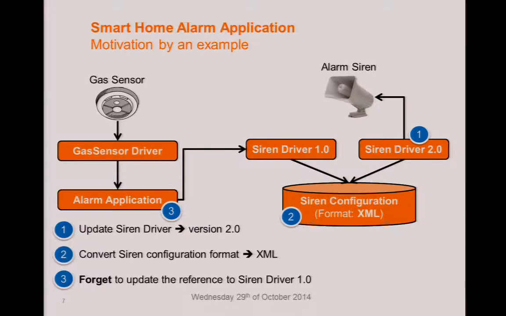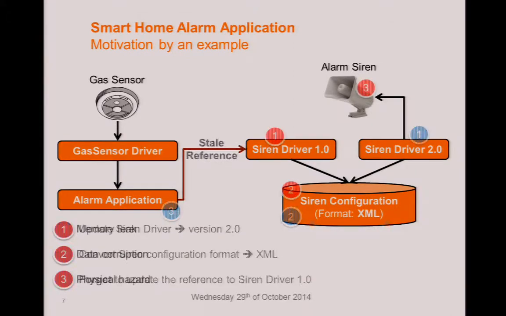And we will forget to update the reference held by the alarm application to the siren driver. Because normally, when you update an application in OSGi, everyone in the platform, or at least everyone that is interested, will know that the siren driver was updated to version 2. So normally, the alarm application should update its reference to version 2. We forget to do it to illustrate what is a stale reference.